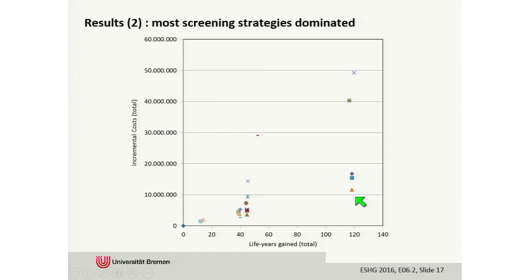And this domination can be quite strong here. If you compare this alternative to this alternative, you have, in this case, like 20 million euros you can save from a healthcare system perspective, and roughly 60 life years you can gain. So it makes a difference which alternative you choose, both for patients and for the healthcare system.